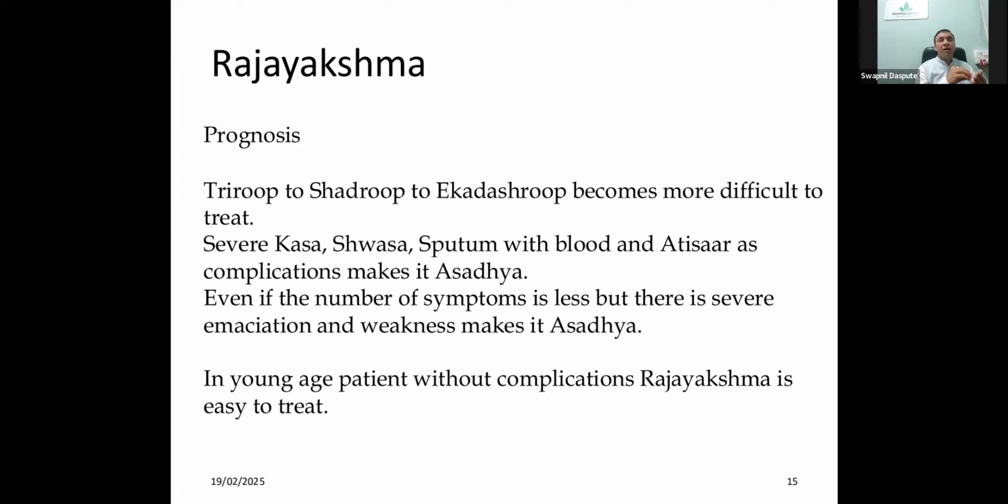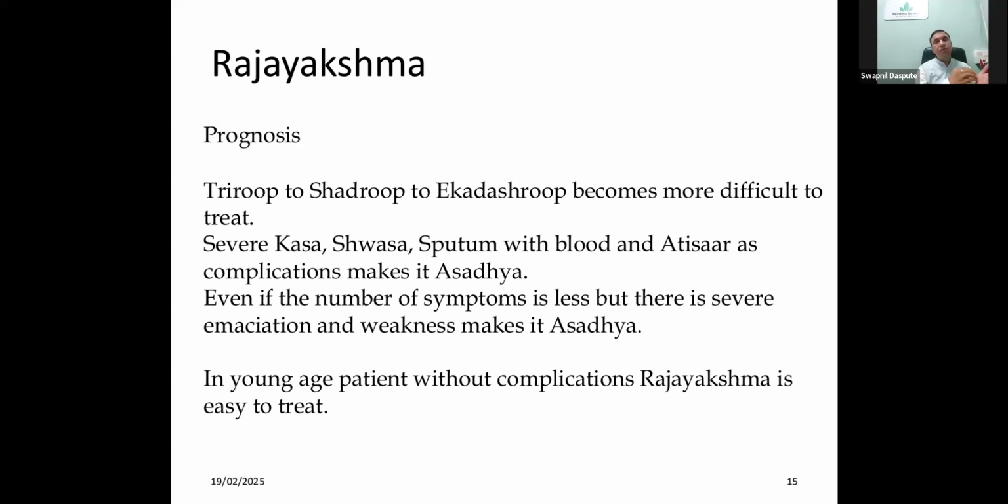So a patient who has a sufficient amount of mamsa dhatu in order to hold the body frame and has some physical strength and willpower also, will show better prognosis in terms of recovery.